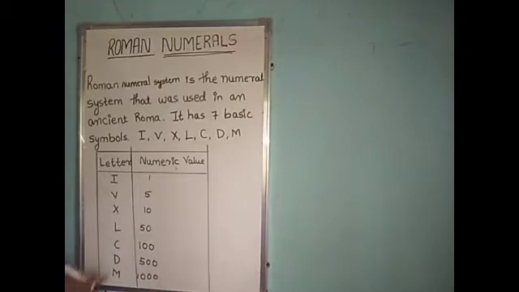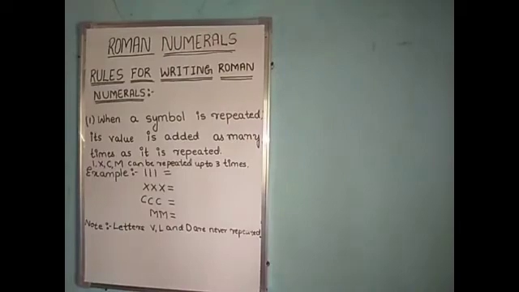You have to remember these values in your mind so that you will be able to write all the Roman numbers. Now, we will start the rules for writing Roman numerals.